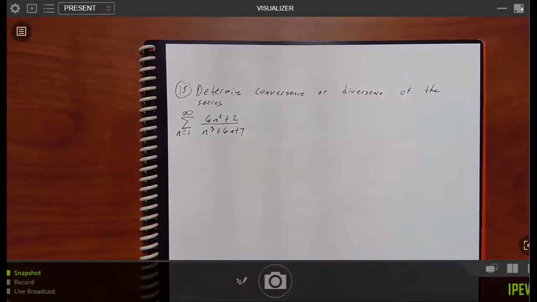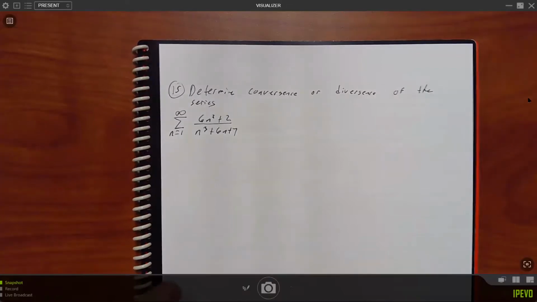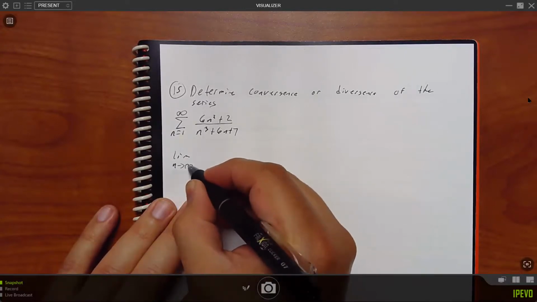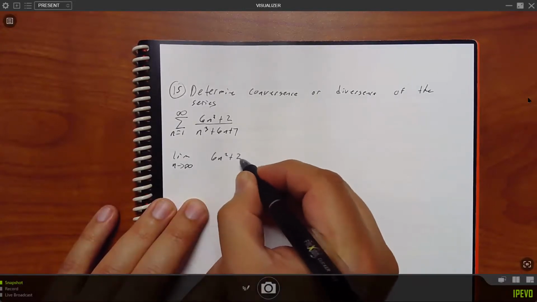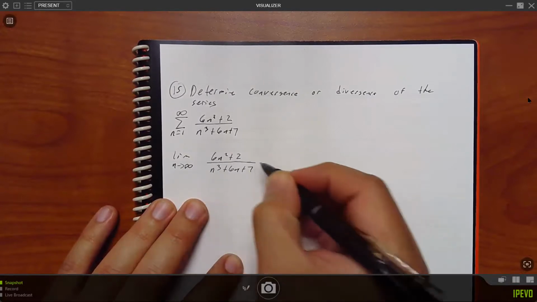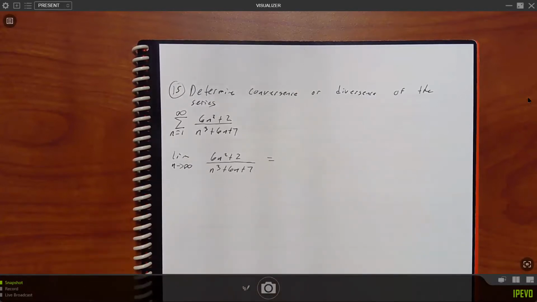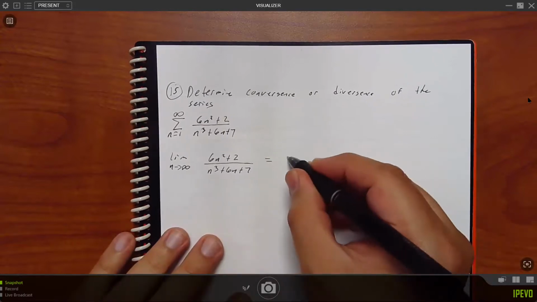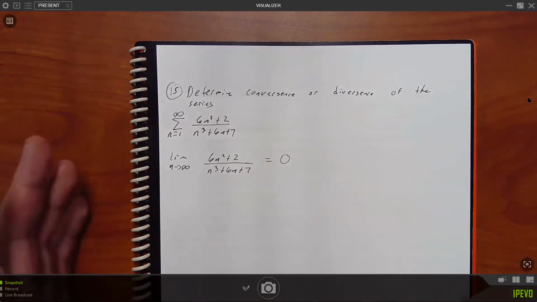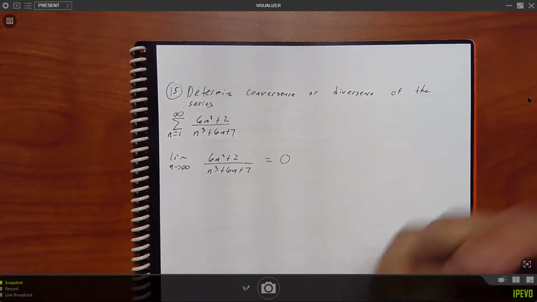The first thing we should try is take the limit of the sequence and see what happens. What is the limit of the sequence? Bottom is bigger. Okay. So it's going to be 0. So that tells us nothing. So we need to pick a different test.